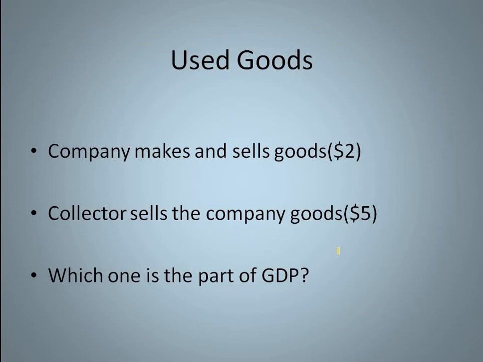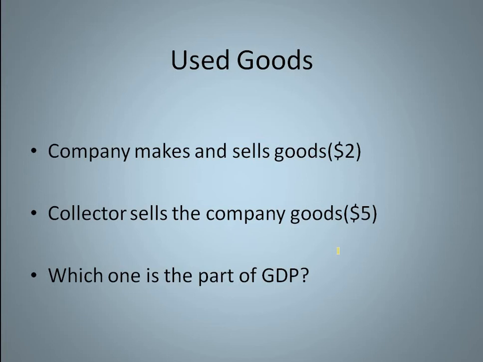But on the other hand, when a collector sells a rare card to another collector for $500, that $500 is not part of GDP. GDP measures the value of currently produced goods and services.